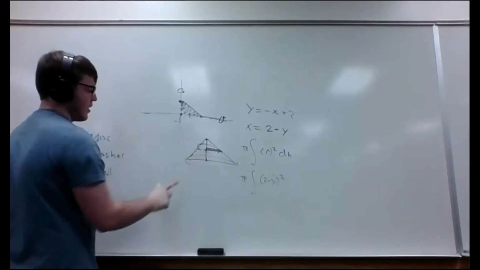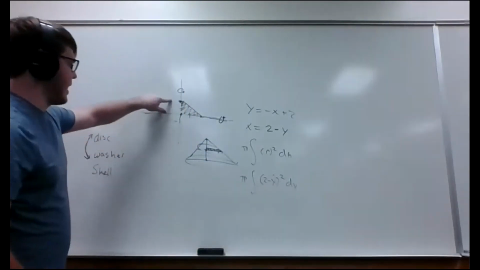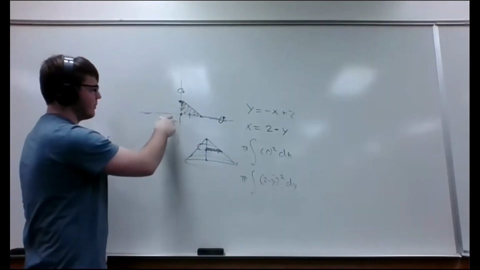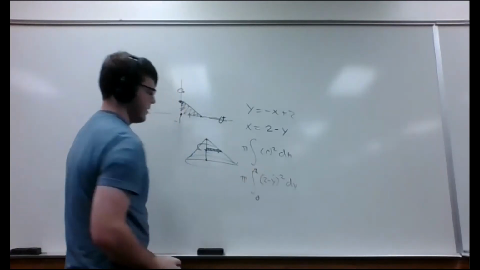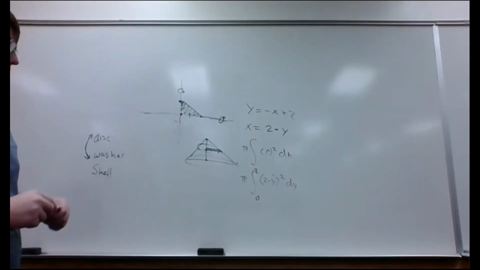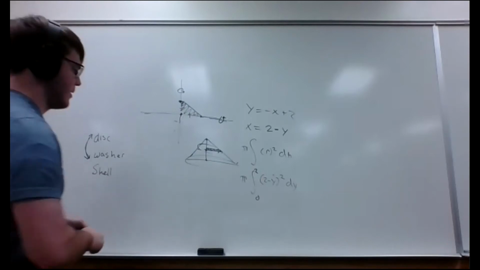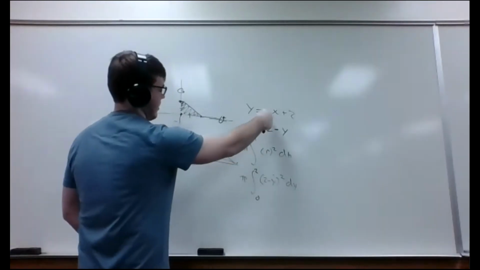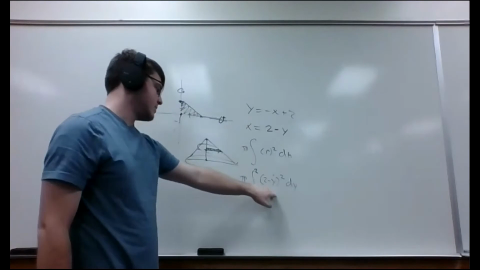And our dh, or our change in height, is going to be dy. And our bounds of integration would change too, but in this case, it's also 0 to 2. So that makes sense how we did that? So it's just flip-flopping our original equation. So that would be the disk method.